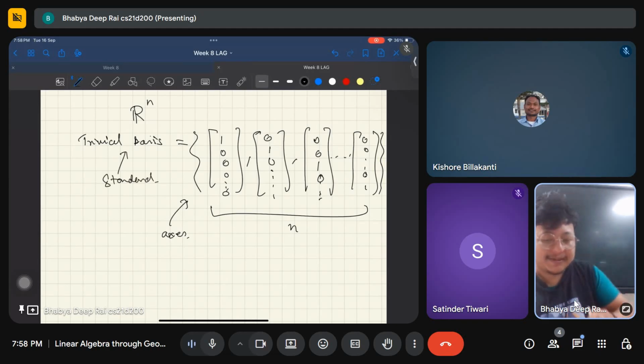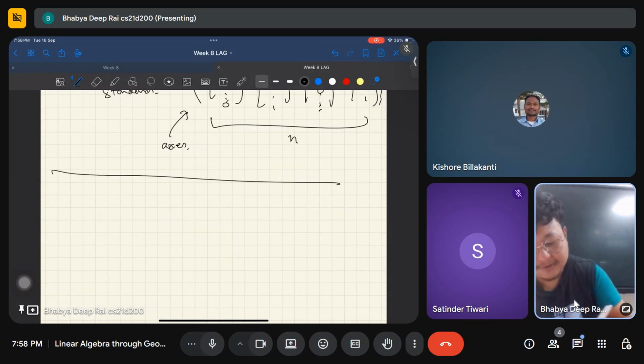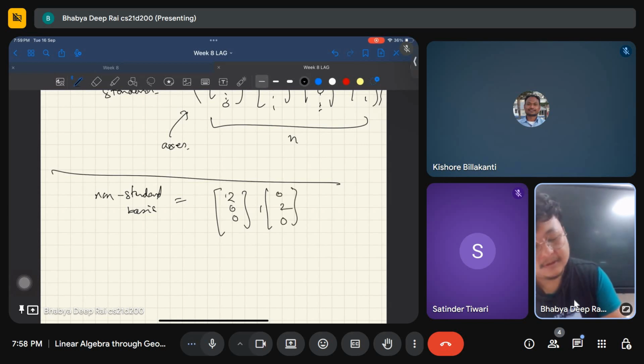But my basis need not be standard. A non-standard basis is like what we saw: 2 0 0, 0 2 0, 0 0 2.